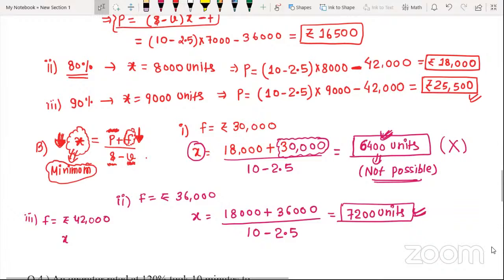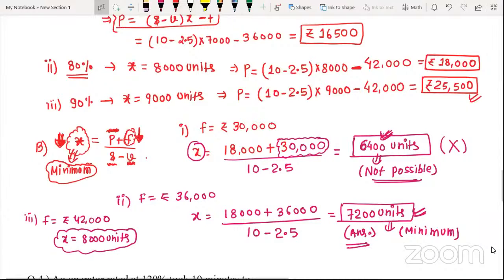So we will get x for the third case, that is 8,000 units. But we have to find the minimum. This is 8,000 and it is also in the range. So this is the minimum. So this is the answer.